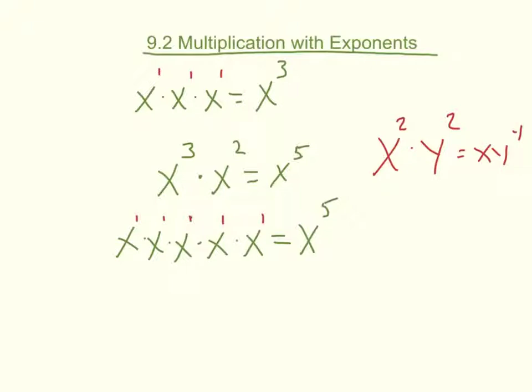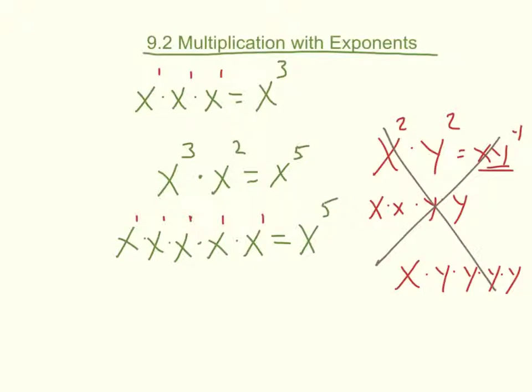Well, if I draw this out, that's x times x times y. And if I drew this out right here, that's just x times y times y times y times y. Well, part of the deal here is that's an equation. That means this has to be the same as this.